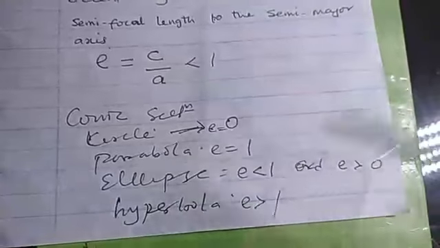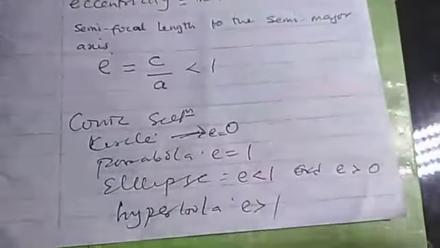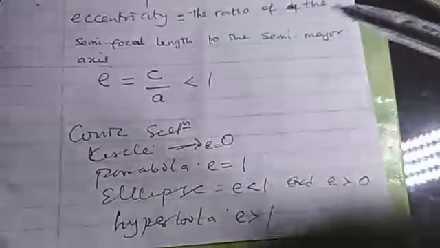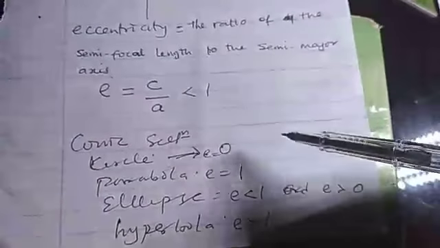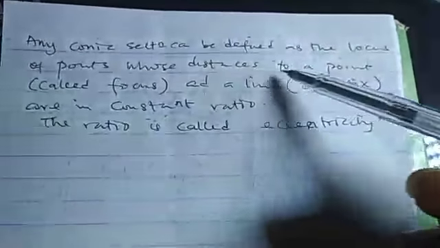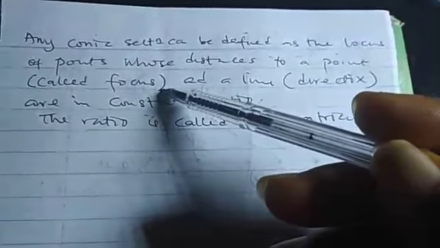Now, what do they really mean by eccentricity? Any conic section, whether circle, parabola or ellipse, can be defined as the locus of a point whose distances to a fixed point, called the focus, and a fixed line, called the directrix, are in constant ratio.